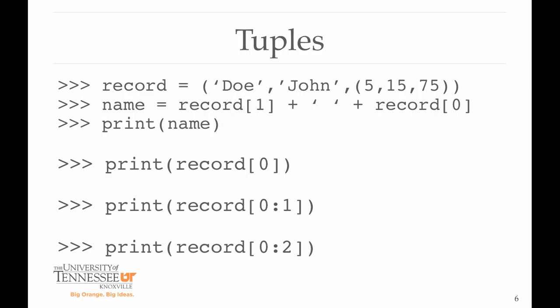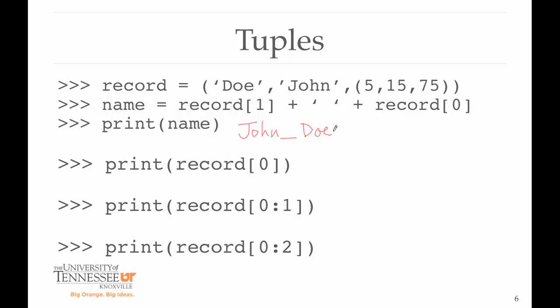So this is a representation of printing the first name John with a space, I'll indicate it like that, followed by Doe. So again, we're concatenating the space between the other two objects, and that's what you would get for print name.